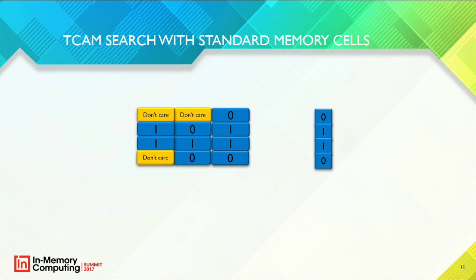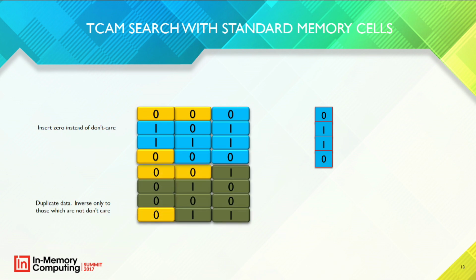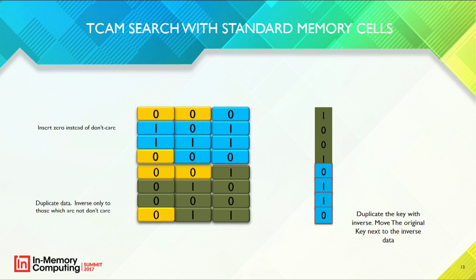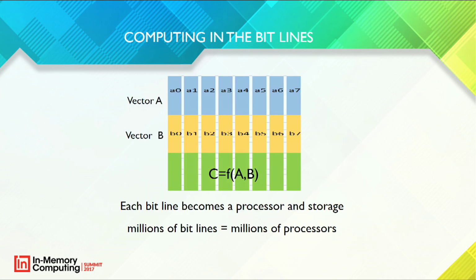What we do here is we represent the don't care by 0 in both the data and its one's complement. It doesn't change, so it's 0 and 0. We replicate the key value, and again, where there is a 1 we open the read enable, and we get a match even in the don't care places.